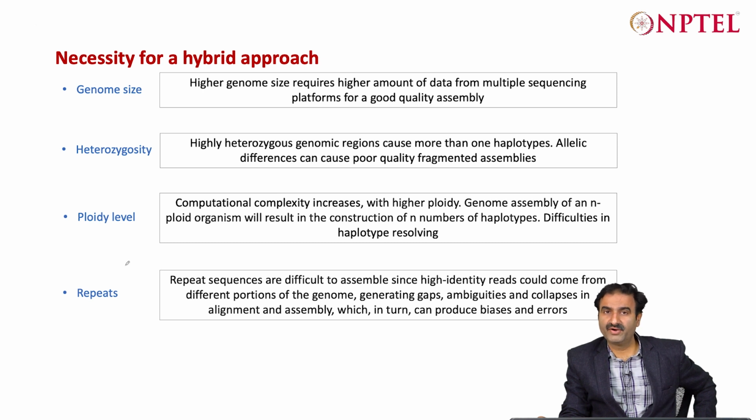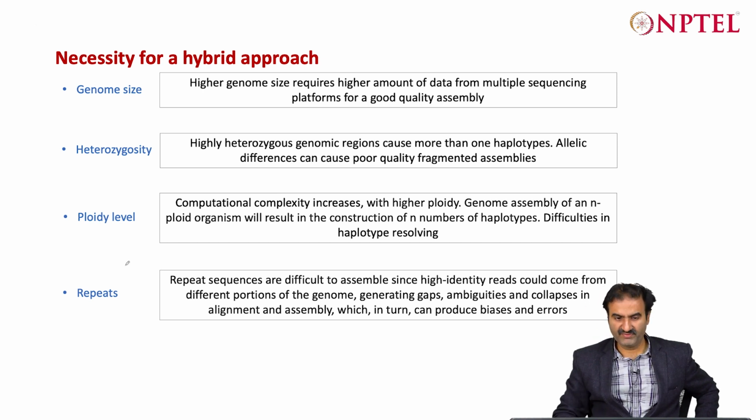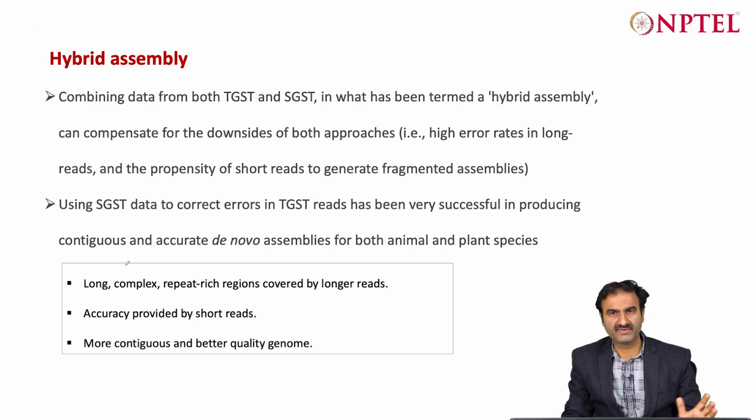Then heterozygosity is an important issue, because if it is more than 1%, then arranging the k-mers using the De Bruijn approach becomes a difficult task with shorter reads. And repeats are also present; in plants it could be almost 80-90% sometimes. So you have to resolve these issues, and that is why hybrid assembly is required, and we have also discussed it in the previous classes.